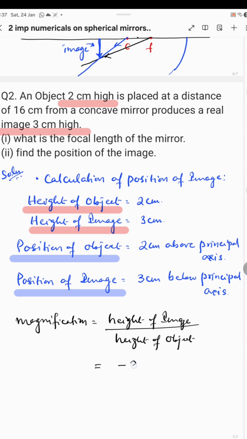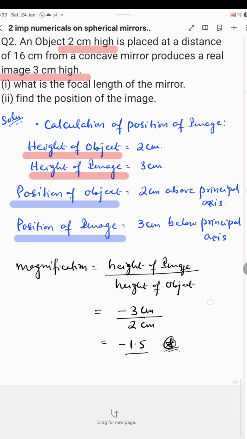So the magnification is 1.5 times and it is negative because a real and inverted image is formed. Again we can take magnification as the ratio of the distance of the image and the distance of the object.